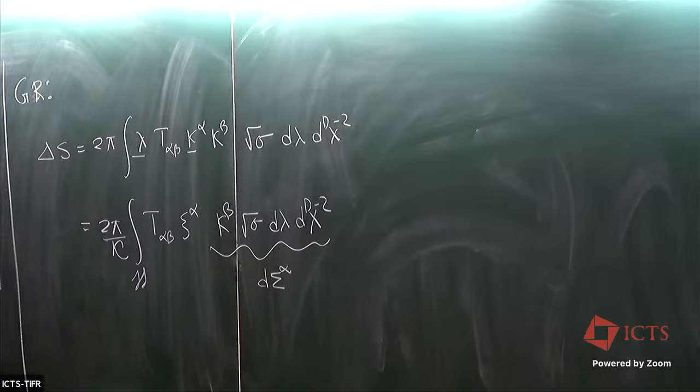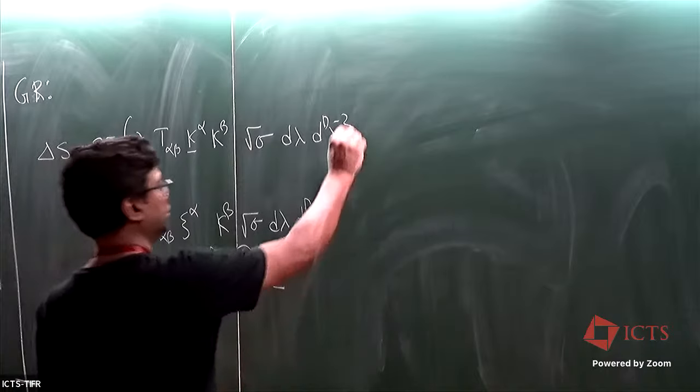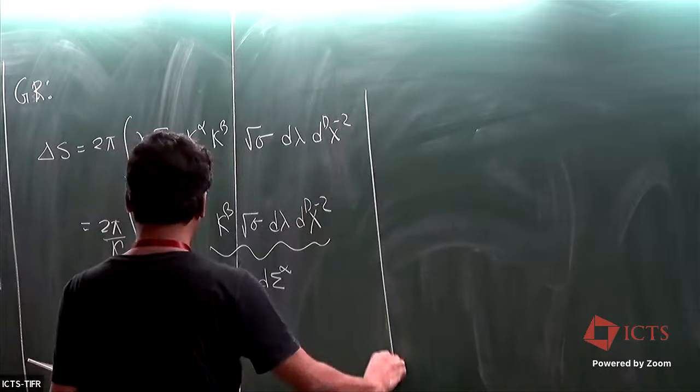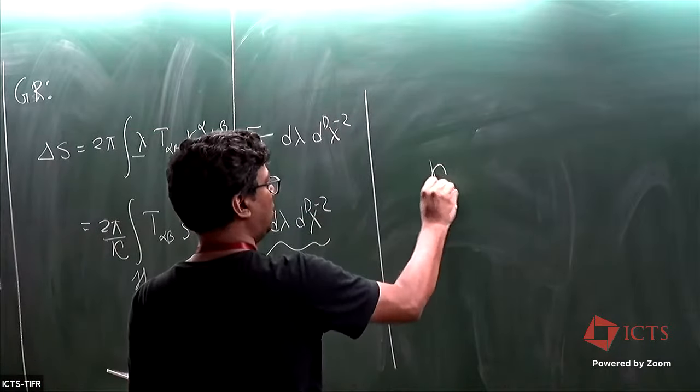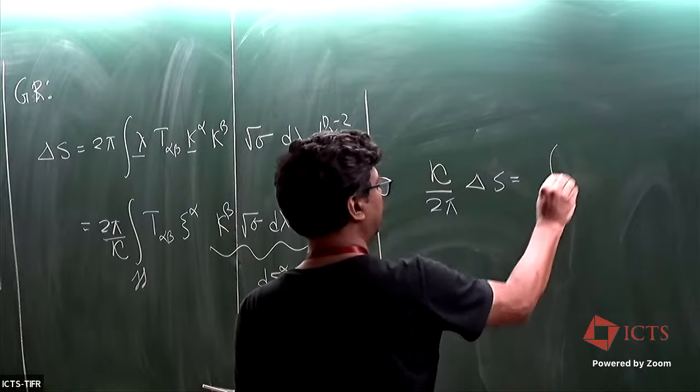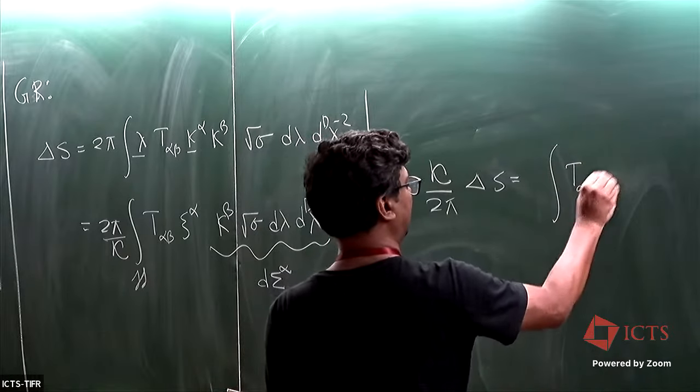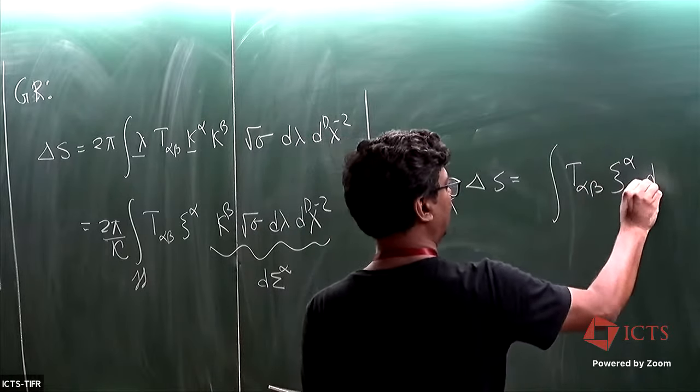Null. Okay? And therefore, I have the equation kappa by 2 pi delta S with all this massaging equals the integral of T alpha beta xi alpha.